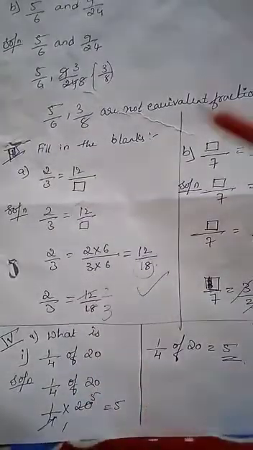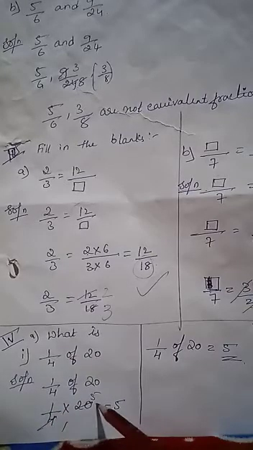Next we move to this. There is given 1 by 4 of 20. We'll be writing it as it is. For of, we replace it with into. So, 1 by 4 into 20.